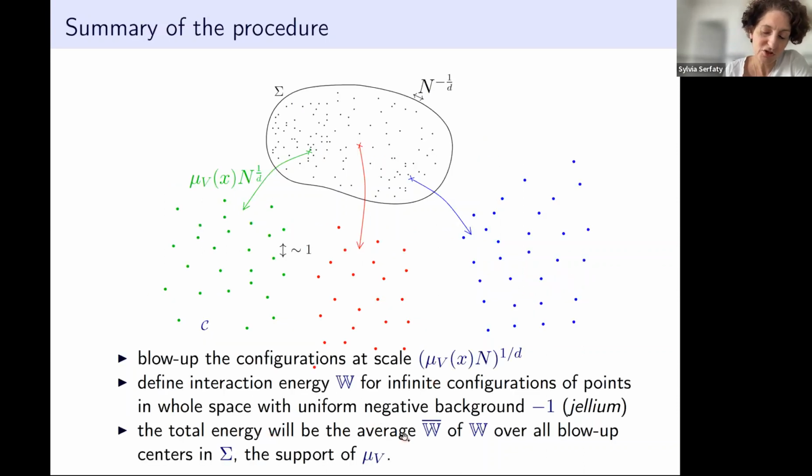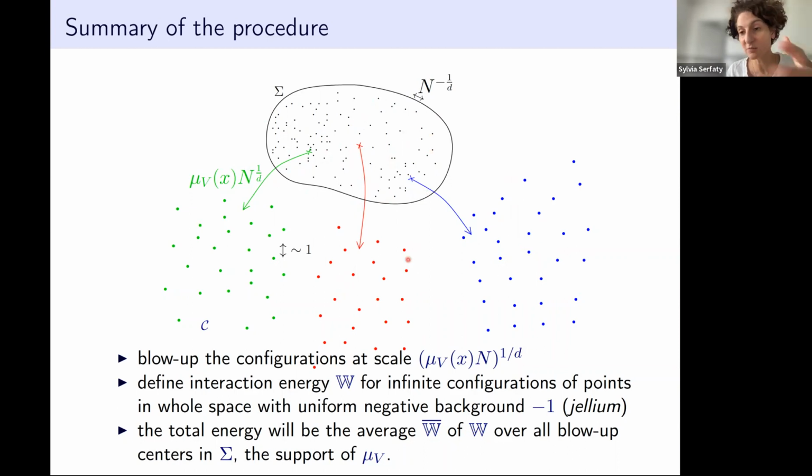And then the total energy will be what you take by computing the average W bar of W over all blow-up centers in sigma. So, you know, you have the W of the green configuration, the W of the red, the W of the blue, but now you have to sum them all. They're all equally valid. And you integrate over this whole region to find W bar.